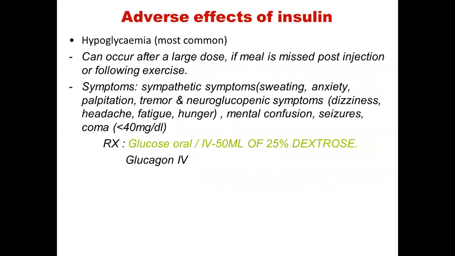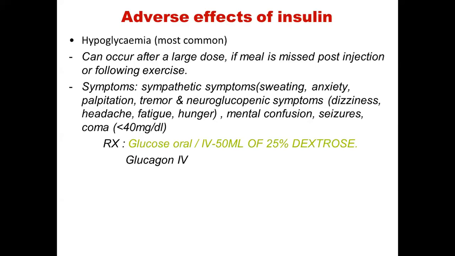The first and foremost adverse effect is hypoglycemia, wherein the blood sugar level goes very low, and it can occur after a large dose. If you're giving a large dose and then maybe the patient misses meals, or following exercise, this can occur. You all already know the symptoms of hypoglycemia.